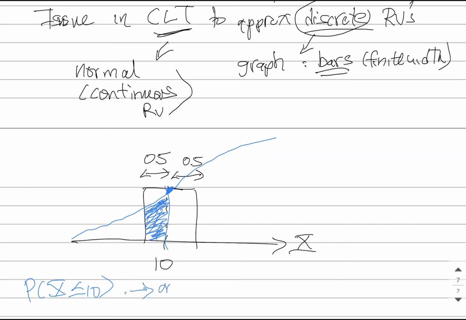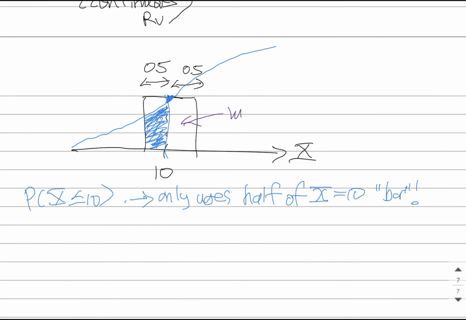So it only uses half of the X equals 10 bar. So we're missing half the bar. And so what math people kind of figured out is they said, well, we don't really want to miss half the bar, because in the discrete case, that X equals 10 fills up technically that whole bar.